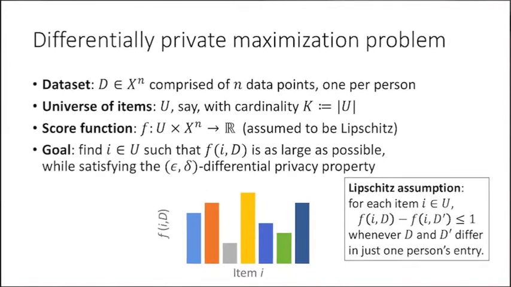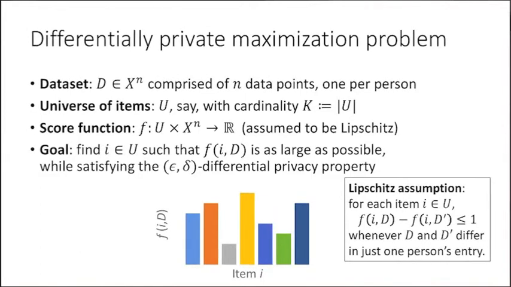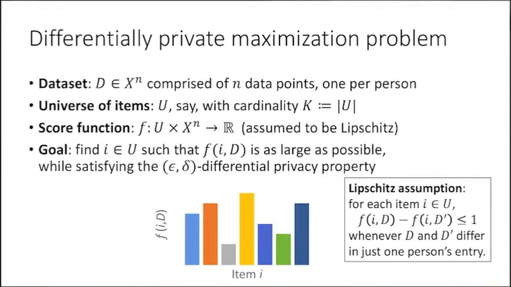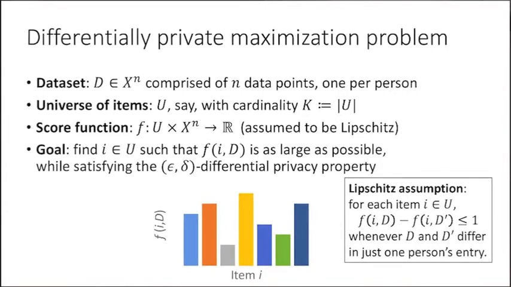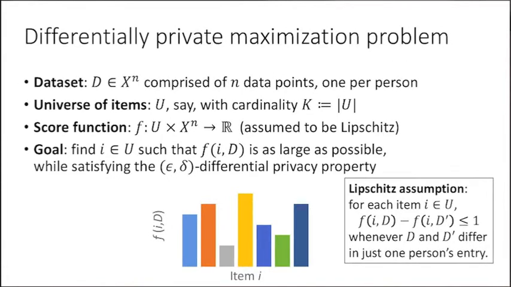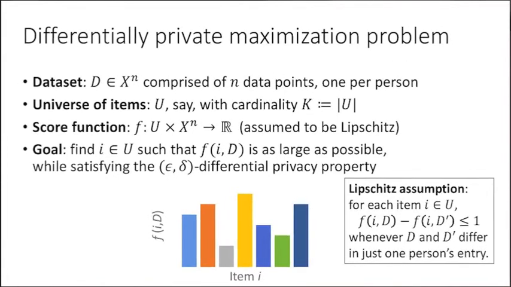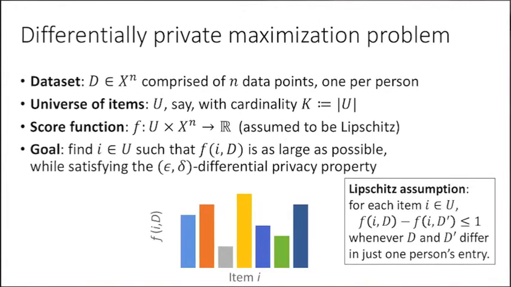And the goal is to find the item such that the score is as high as possible while satisfying differential privacy. So for every item, this function value is going to be Lipschitz. It doesn't change by more than 1 when you change one person's entry.